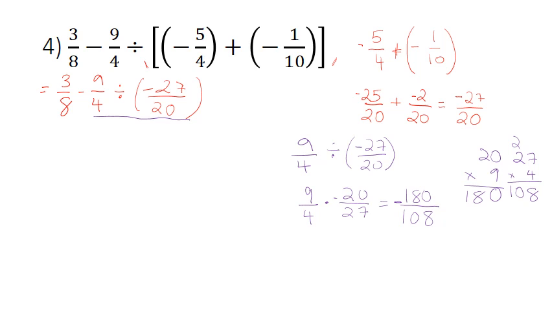Now before we put this back in for our next line in our original question, I want to simplify it, because this is a really hard number to work with. And I know that both my numerator and my denominator have to be divisible by 2. So let's divide both of these by 2. 180 divided by 2 is going to be 90, and 108 divided by 2 is going to give me 54.